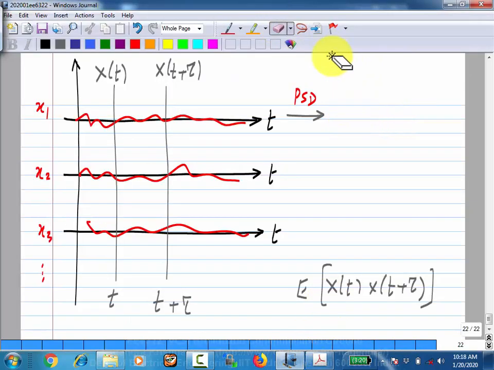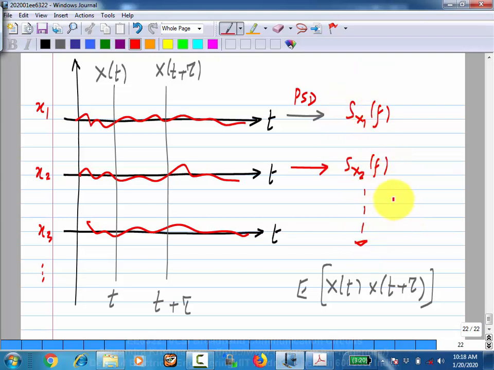Let me just call it Sx1 of f, Sx2 of f, and so on. And you average this. You will get the same as the Fourier transform of the autocorrelation function.